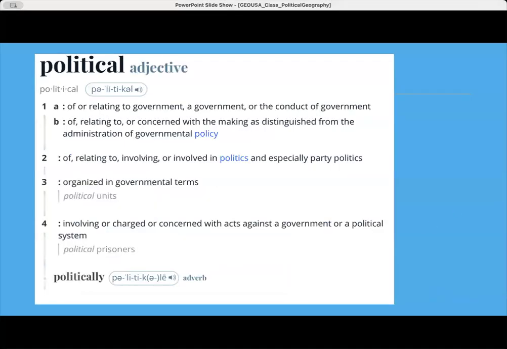Political is of relating to government or the conduct of government, or concerned with the making, as distinguished from the administration, of governmental policy. So a political act, for example, is to pass legislation. A political act is to do something in the interest of pushing or influencing government, and how we govern.